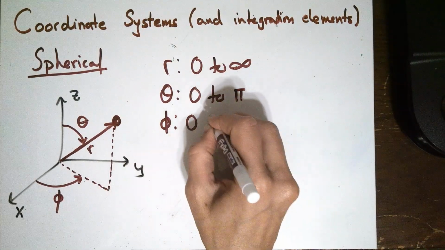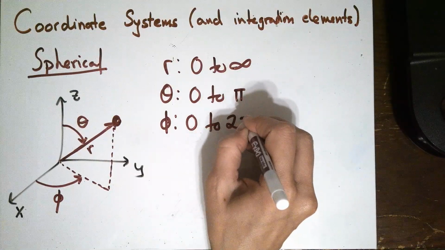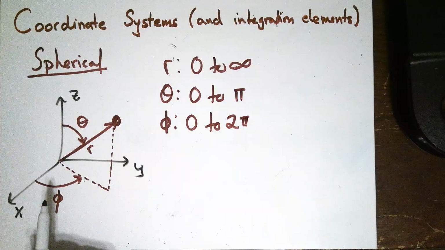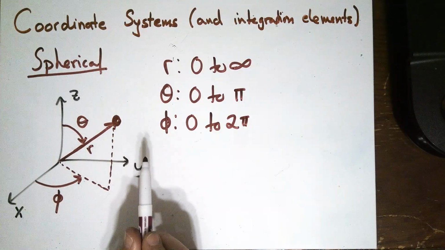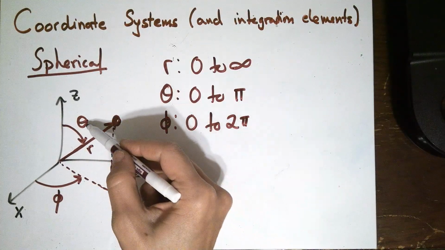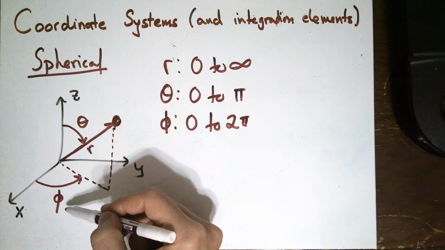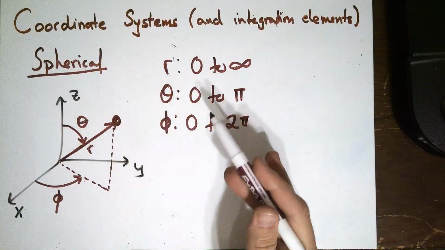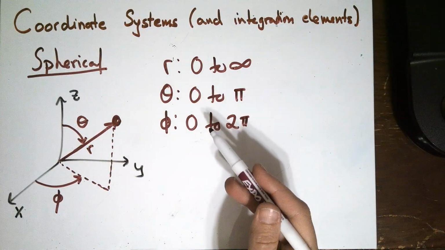So that is a full circle, so 0 to 2 pi. Now, if you've learned spherical coordinates in math, they actually swap these two variables. These two variables play the opposite role, and that's just an unfortunate historical anomaly.